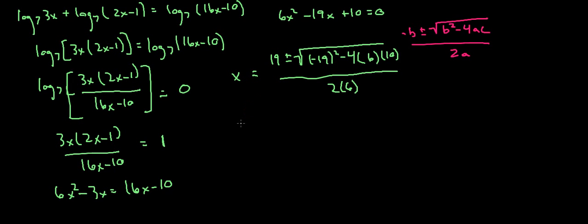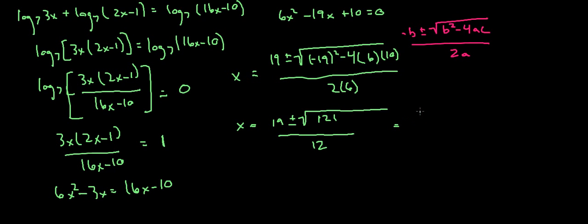So let me simplify this step by step. So I have 19 plus or minus the square root of 19 squared, which is 361, minus 4 times 6 times 10, 4 times 6 is 24, 240, so that's 121. So the square root of 121 is 11. 2 times 6 is 12.